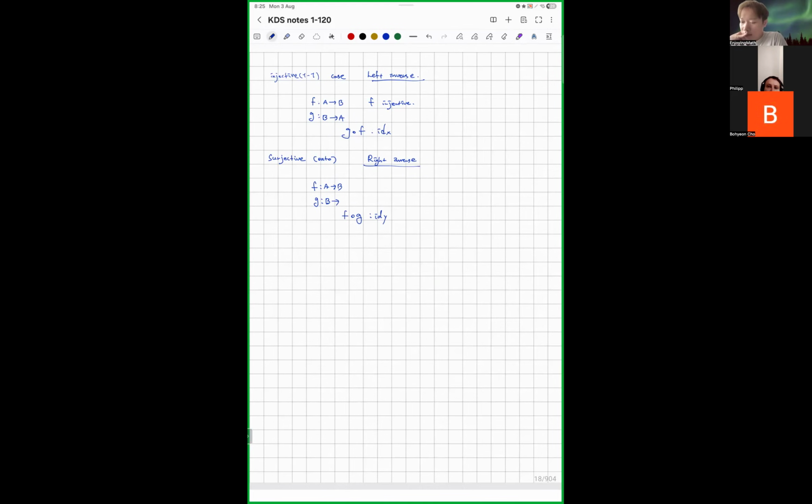So first g is applied, then f is applied, and we still get the result correctly. For me, I think of it as where they are located with respect to composition. So if g is on the left, then left inverse, and if g is on the right, then right inverse.